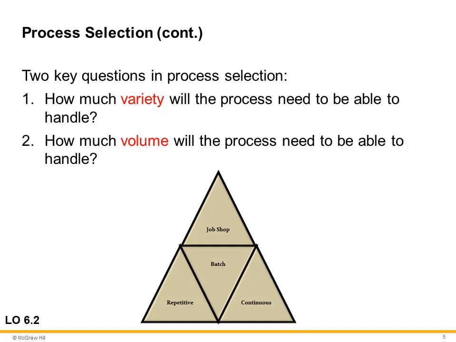How much volume will the process need to be able to handle? So when you have answers to these two questions, you can select one of the four common types of process that we have here: job shop, batch, continuous, and repetitive, that sometimes is called the assembly line.